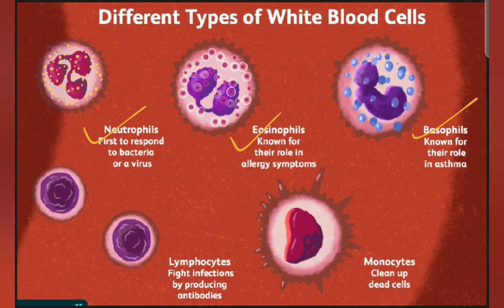In granulocytes, cytoplasmic granules were present; in agranulocytes, they are absent. In granulocytes, a lobed nucleus is present, and in agranulocytes, an unlobed nucleus, the normal nucleus, only one mass is present. Agranulocytes are again of two types, lymphocyte and monocyte.